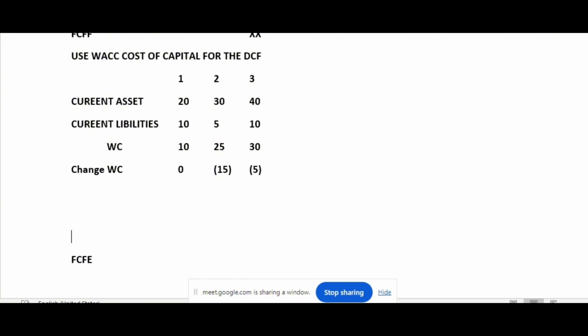I want to ask a question. So the changes, I'm thinking, is this supposed to be for year one, 10 minus 0? For year two, 25 minus 10. For year three, 30 minus 25.